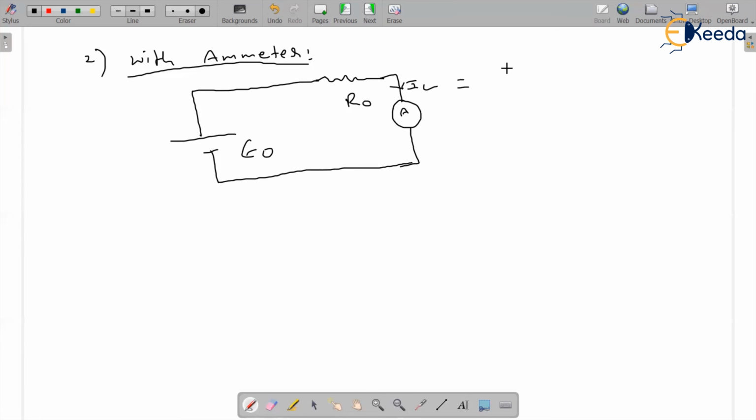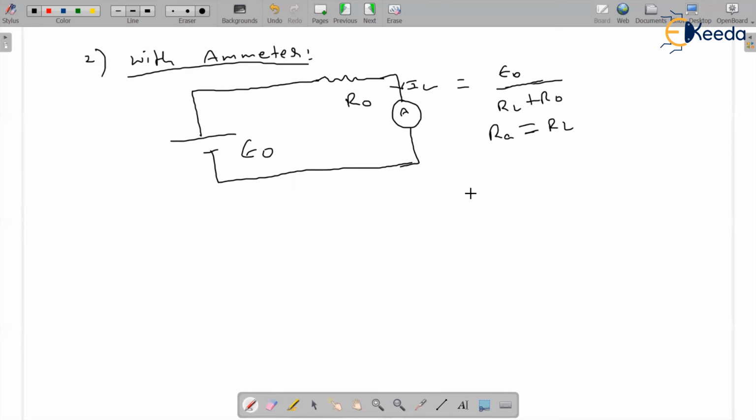IL is equal to E naught by RL plus R naught, where RA is equal to RL.